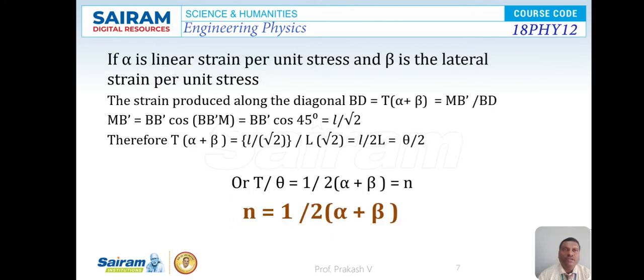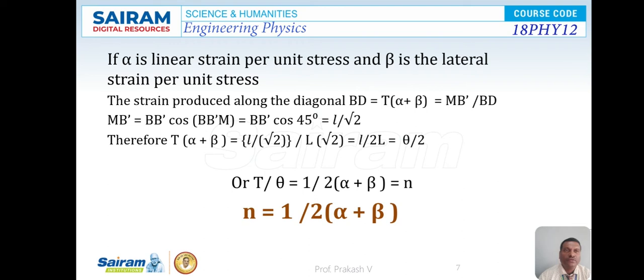If alpha is linear strain per unit stress and beta is the lateral strain per unit stress, the strain produced along the diagonal BD is equal to T into alpha plus beta. So finally it will be calculated as MB dash by BD. Finally MB dash is equal to BB dash cos BB dash M, that is equal to BB dash cos 45 degree.